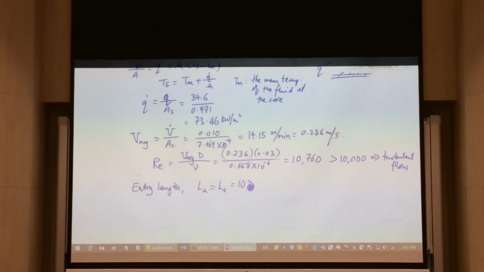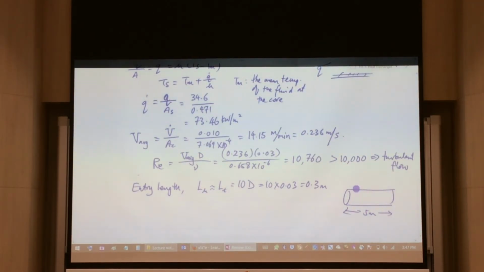Where is that point? What I mean is that this number, that is 0.3 meter, that is your entry length. So if you look at this entry length for the pipe length, that is 5 meters. So your pipe length, that is 5 meters over here.